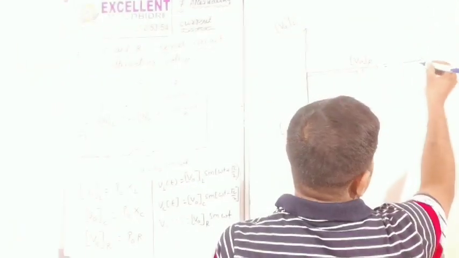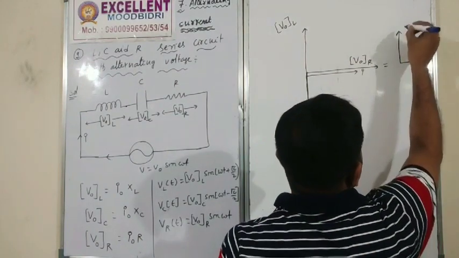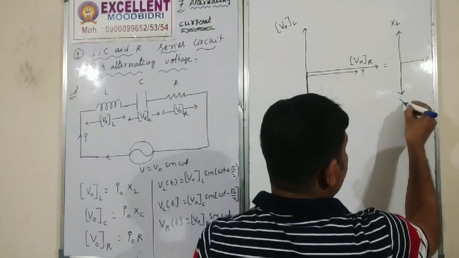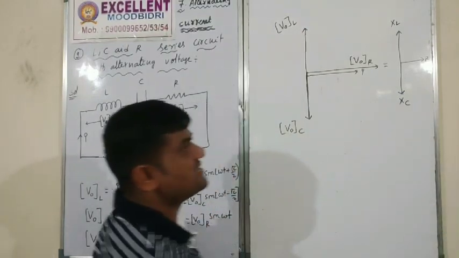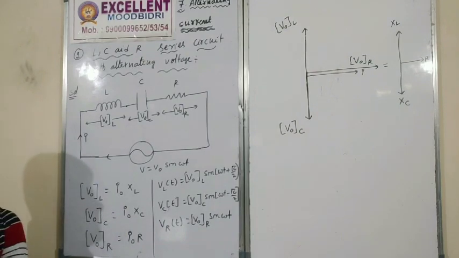This is R, this is XL, this is XC. That is a phasor diagram. Are you clear?